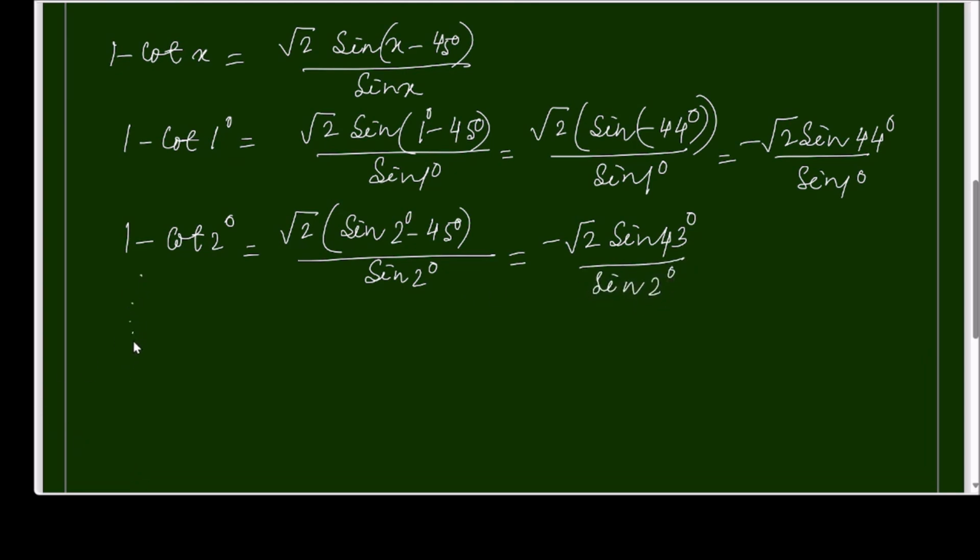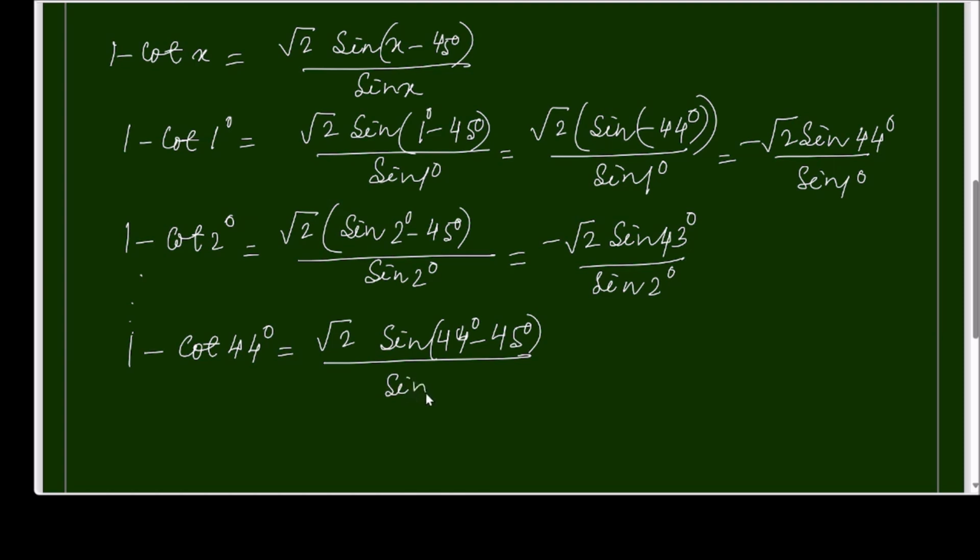If I go on writing 1 minus cot 44 degree, it will be square root 2 sine 44 degree minus 45 degree over sine 44 degree. This is nothing but negative square root 2 sine 1 degree upon sine 44 degree.